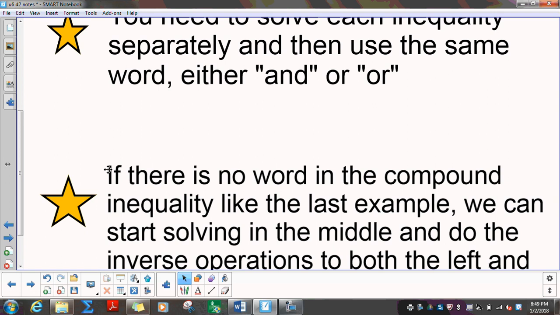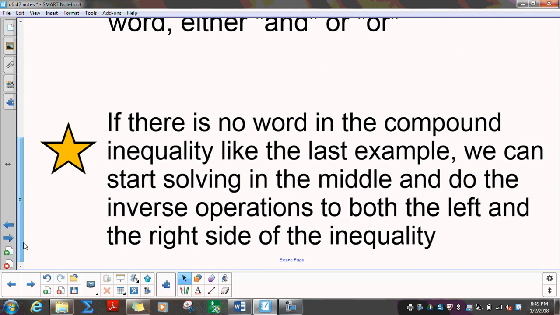If there is no word in the compound inequality, like the last example, we can start solving in the middle and do the inverse operations to both the left and right side of the inequality. That seems very wordy and very confusing, and I know, because I'm even confused and I know what I'm talking about. I wrote the thing.